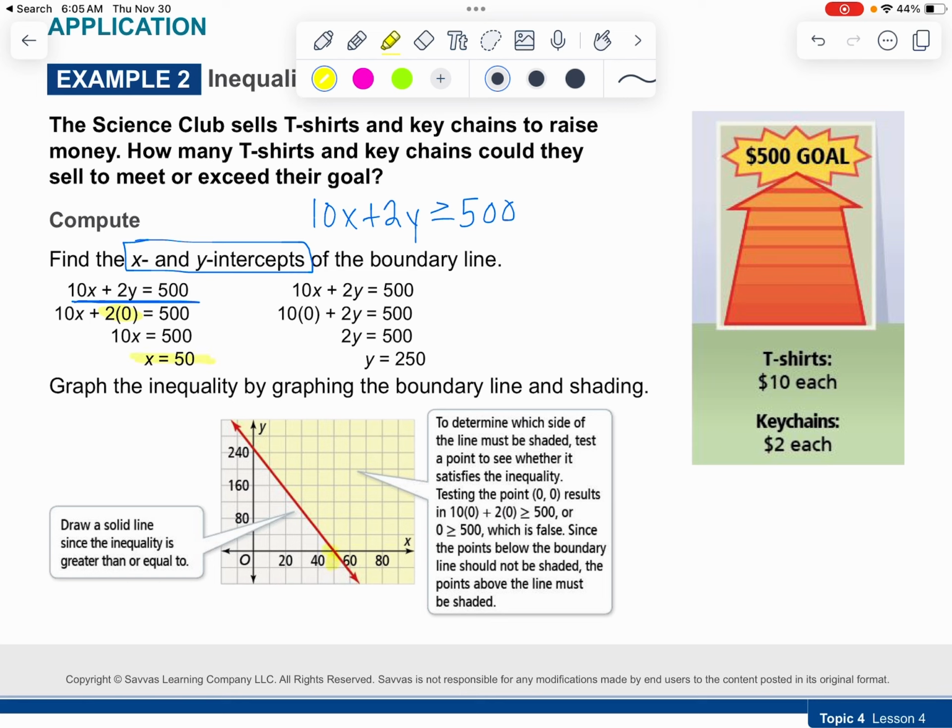So on our x-axis, we have a point here at 50. And then they found the y-intercept by replacing x with 0 and ended up with a y-intercept of 250, which on our y-axis is about here.